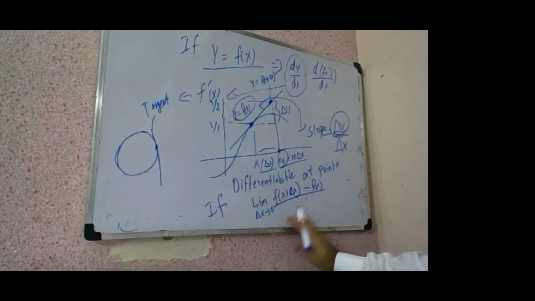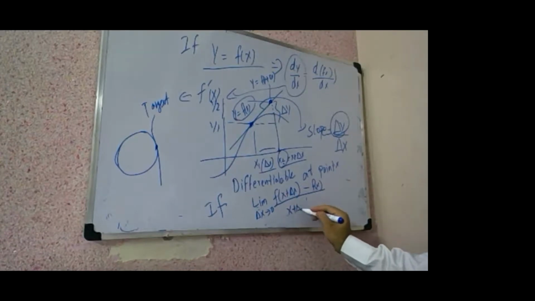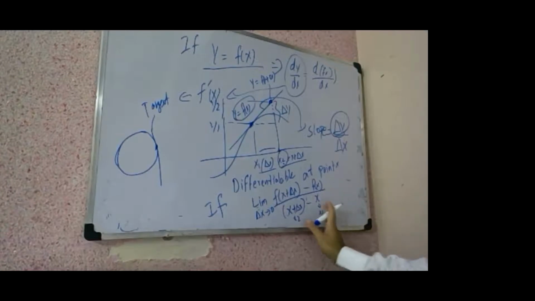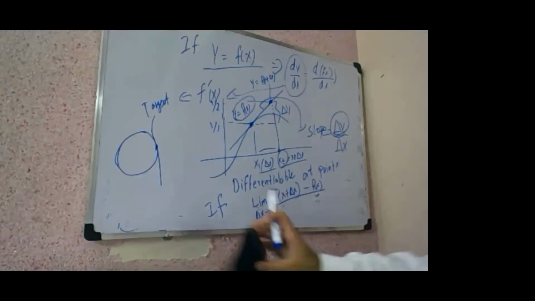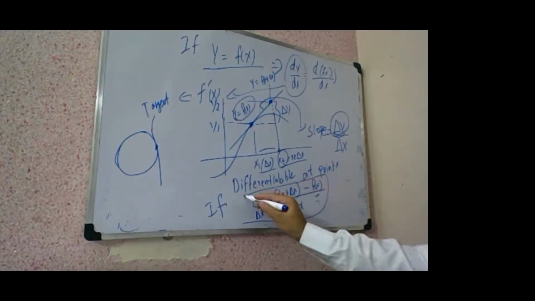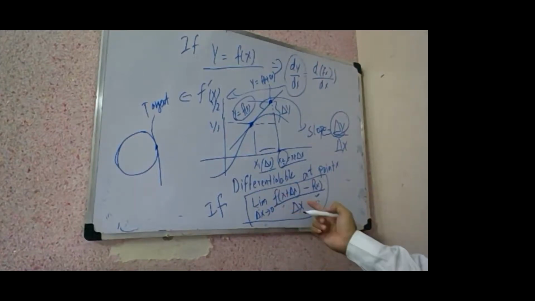How did I do that? It will be x plus delta x, which is x2 actually, minus x, which is x1 actually, right? If I solve this, this will be cancelled, and I can just get delta x. So any function is differentiable if delta x tends to 0, and we have this one.